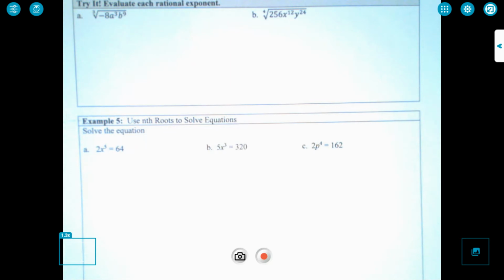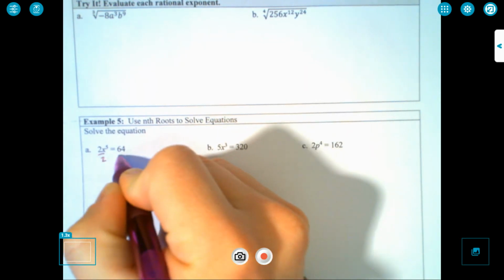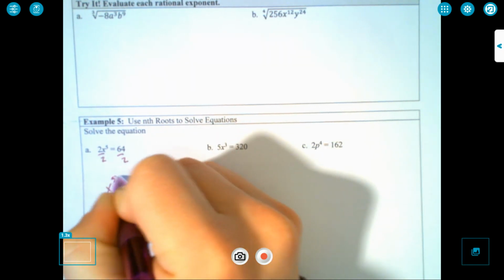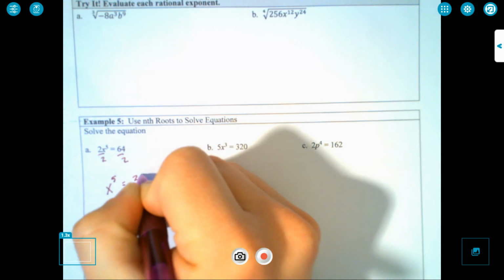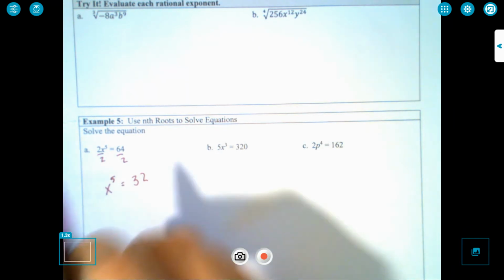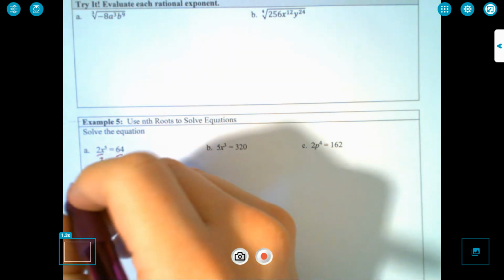So on A, you divide each side by 2. When we do, we're left with x to the 5th power equals 32. Once you get to the point where there's no coefficient on the x, we get rid of the exponent.